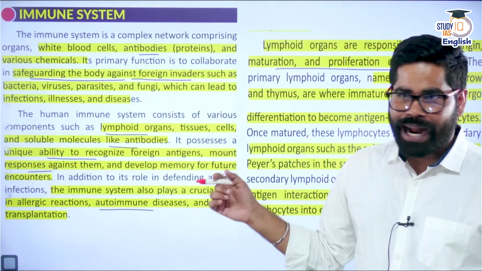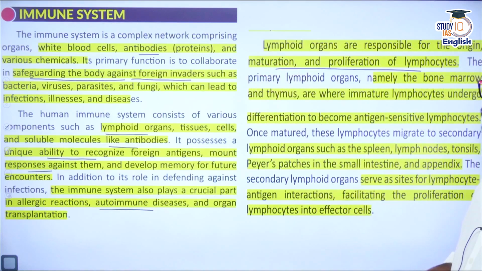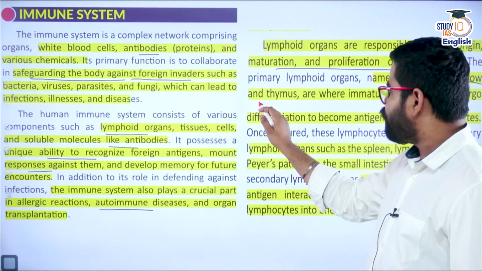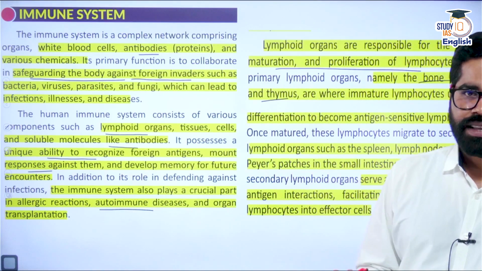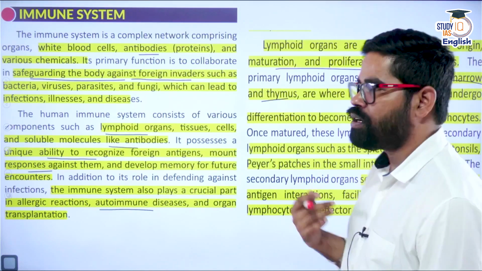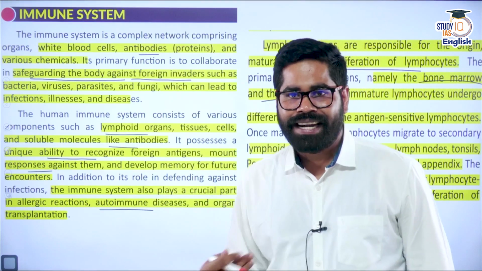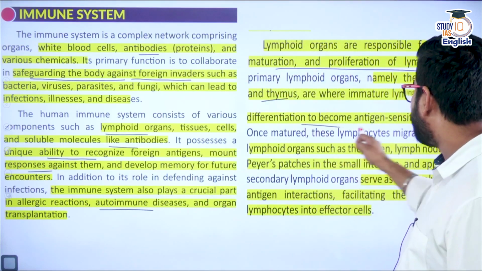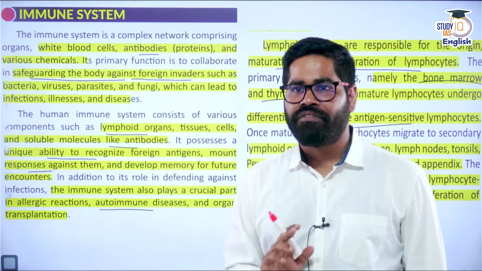For that, the lymphoid organs are there. We have the bone marrow, and then we have a gland in our body called the thymus. These two are where the immature lymphocytes undergo differentiation to become antigen-sensitive lymphocytes.